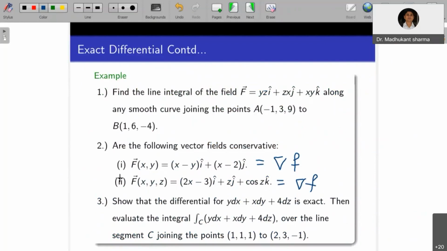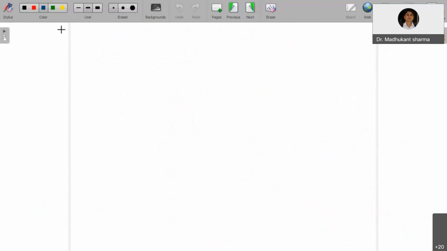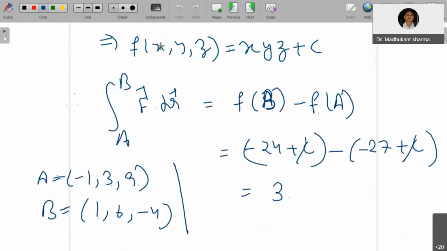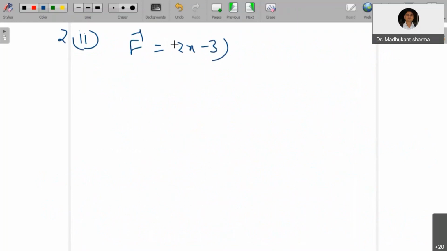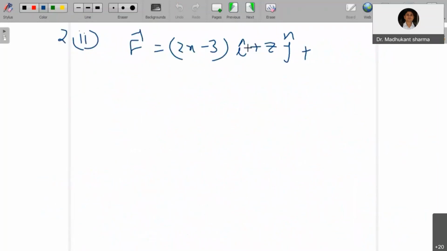Let me do the second one. It has 3 components. So you are given F equal to 2x minus 3 i plus z j plus cos z k.